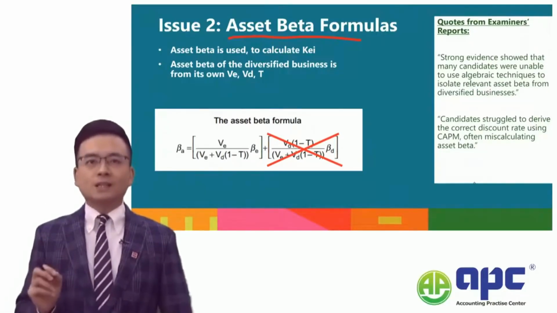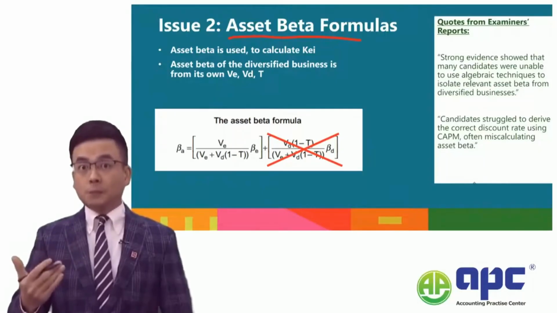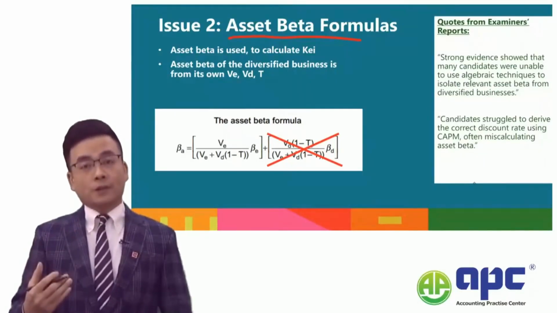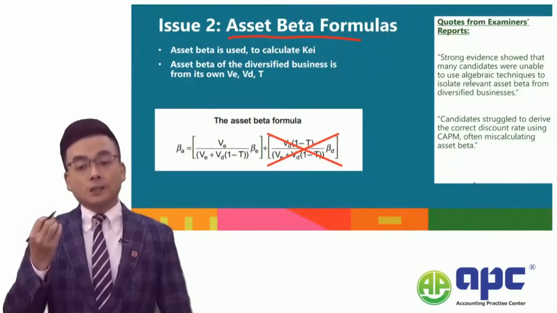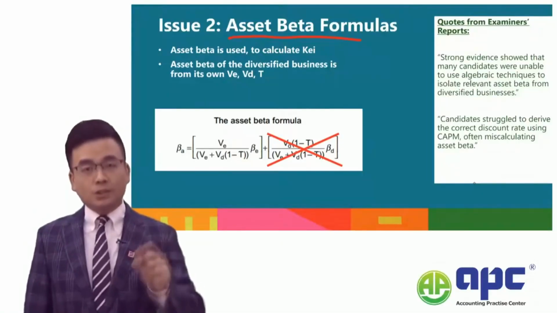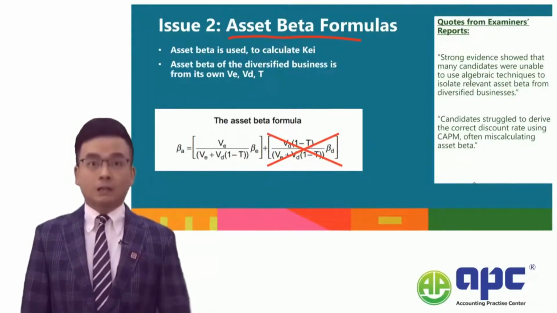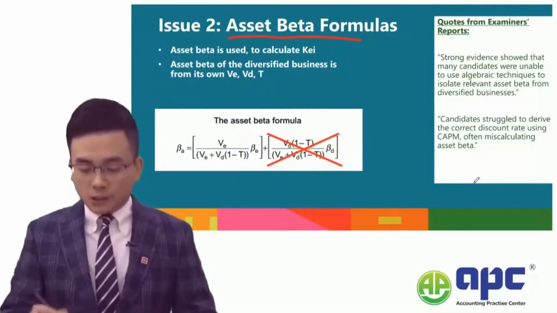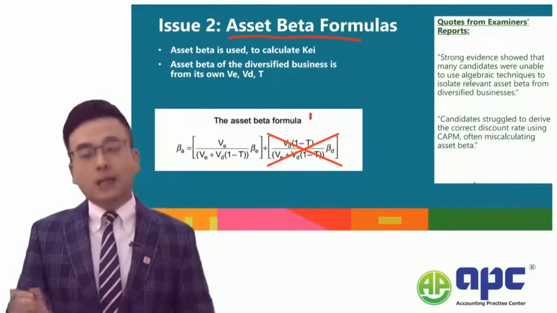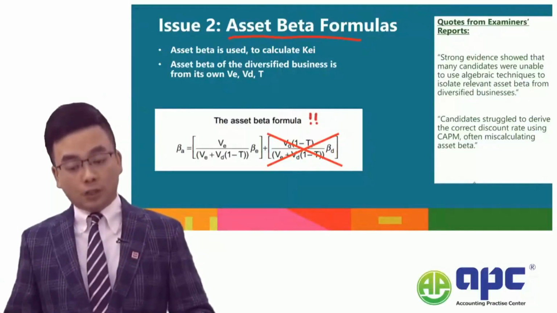I would say that, according to the probability that the cost of equity ungeared calculation is tested, it's very likely that you will need to use the asset beta formula rather than the M&M proposition number 2. This formula again is given by the ACCA in the formula sheet.